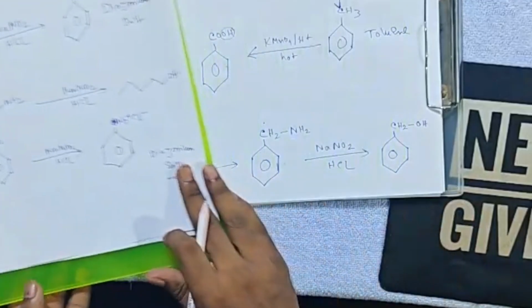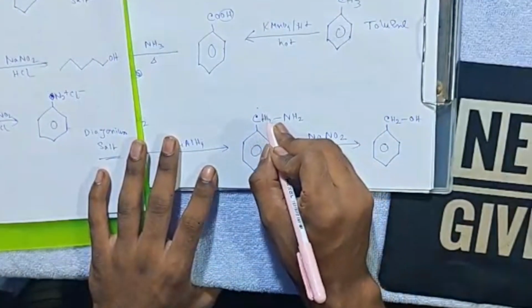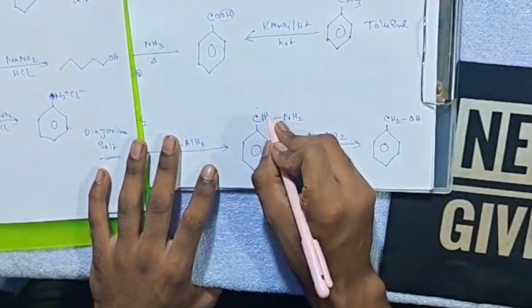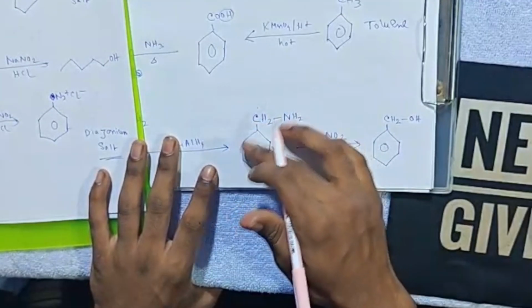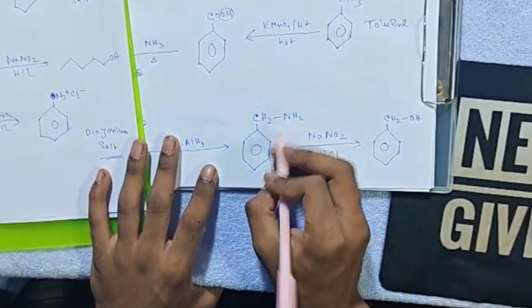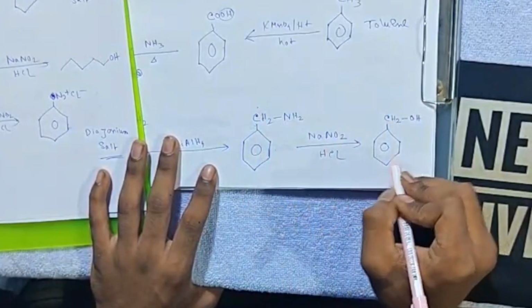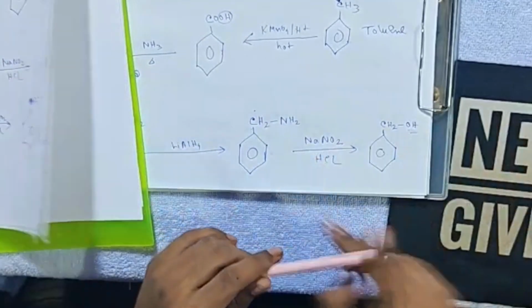Remember, in this case, the carbon was attached to an aromatic benzene, but the nitrogen was attached to an aliphatic carbon, meaning a chain carbon. That's why it is converting to OH. I hope you can understand this.